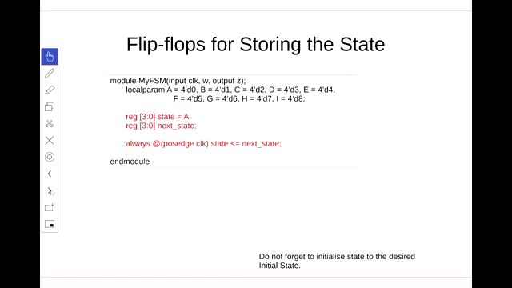Whether it's a wire or a reg just depends on how I write it in Verilog. If I write it using an assign statement, it will be a wire. I'm probably going to use a case statement, so I made it a reg. So it's a reg for a different reason than state. State is the actual flip-flop. Next state is the output of combinational logic telling me what my next state will be.